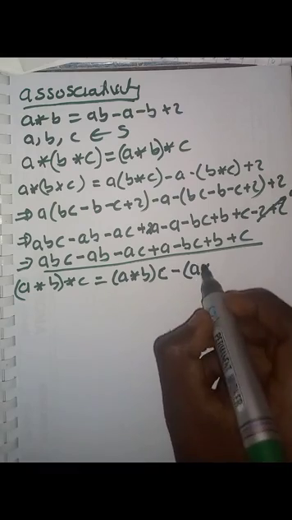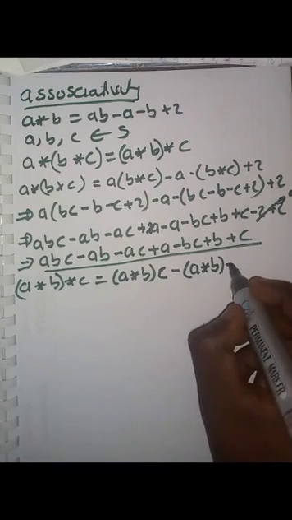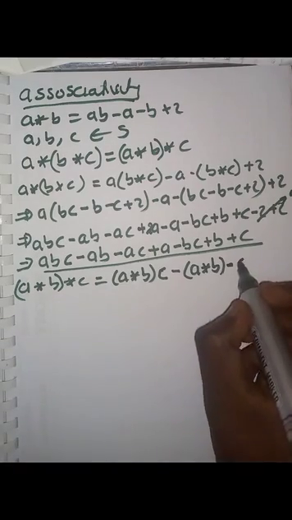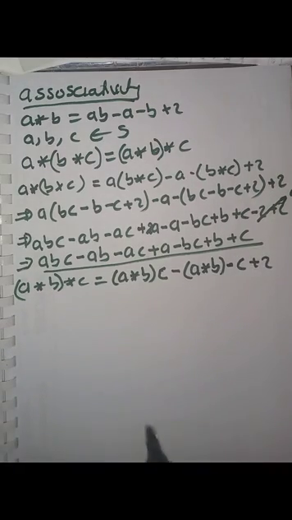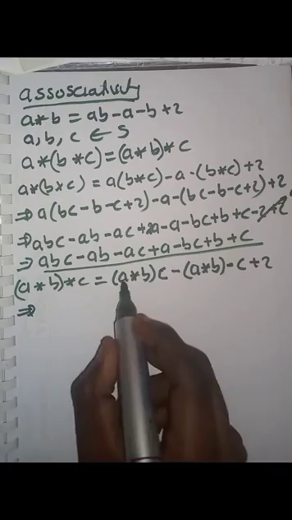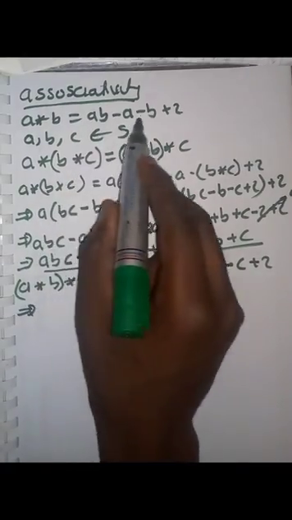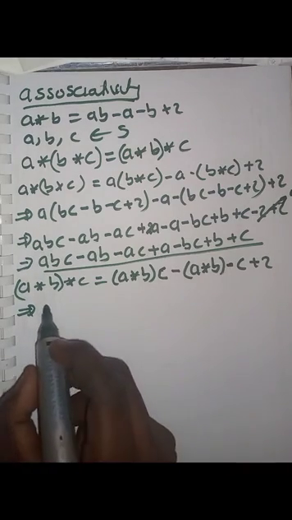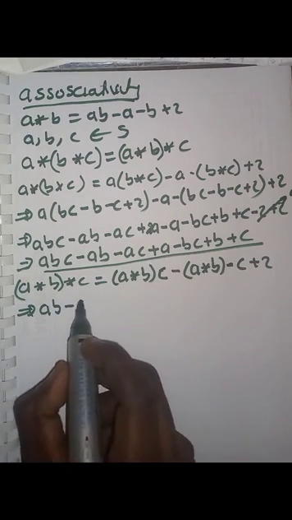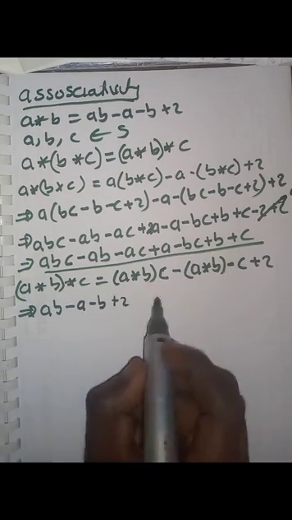Our A is A star B minus B, which is what? C plus 2. Great. So what is our A star B? It is AB minus A minus B plus 2. So we are going to have AB minus A minus B plus 2.